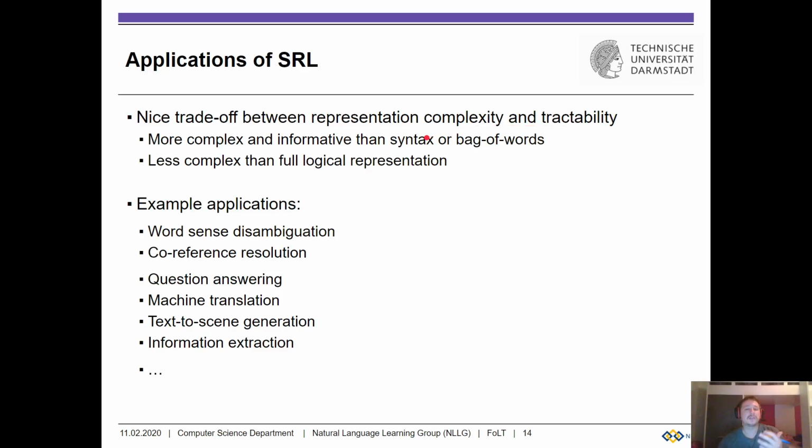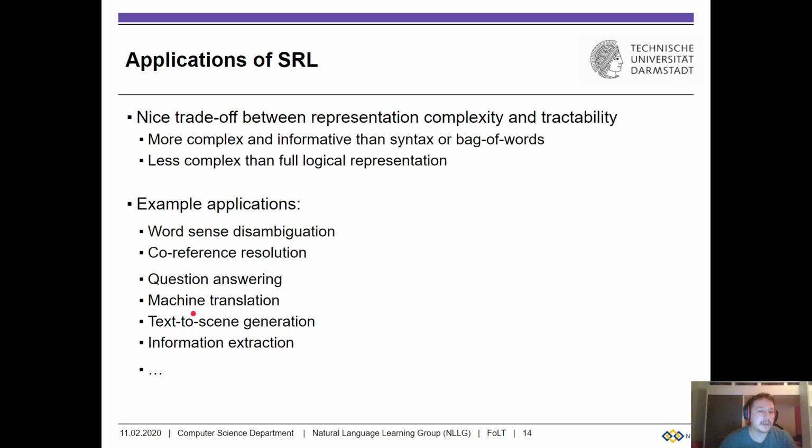So it's certainly not shallow. It's more complex than shallow semantics, but not fully complex. And therefore, because it's not fully complex, we can also design efficient algorithms to infer this semantic representation that semantic role labeling is aiming for.